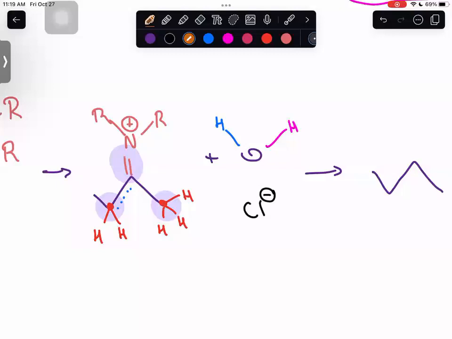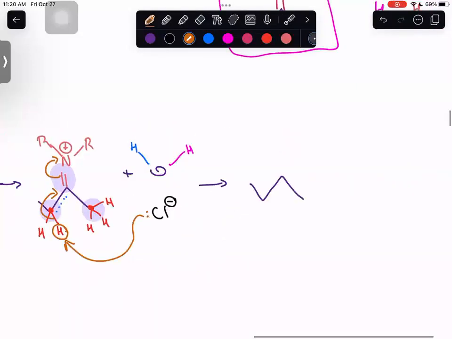Now, for the hydrogen, we know that the left side is going to be the best side to make the double bond, right? So I'm going to be abstracting that alpha hydrogen. My chlorine is going to attack it and take it away, and then I'm just going to move my electrons there to form that double bond. And then to not break the octet, those pi electrons have to go up to the nitrogen. And now we have this guy.